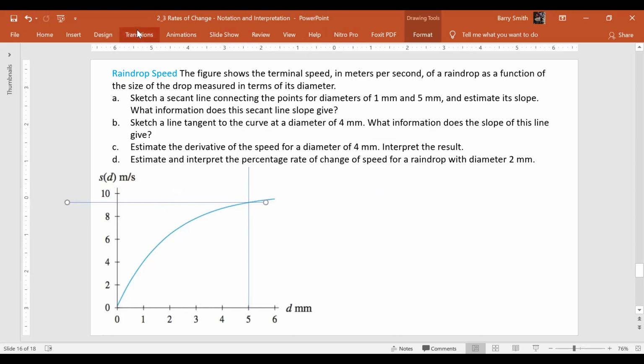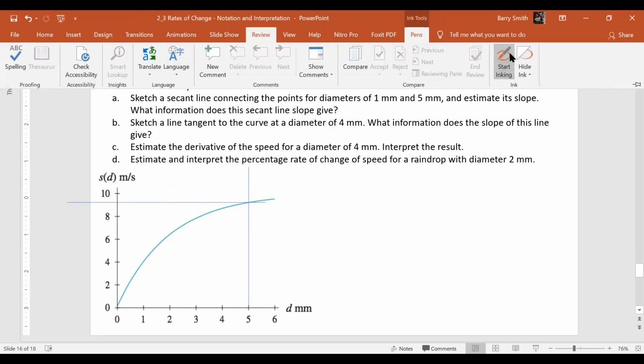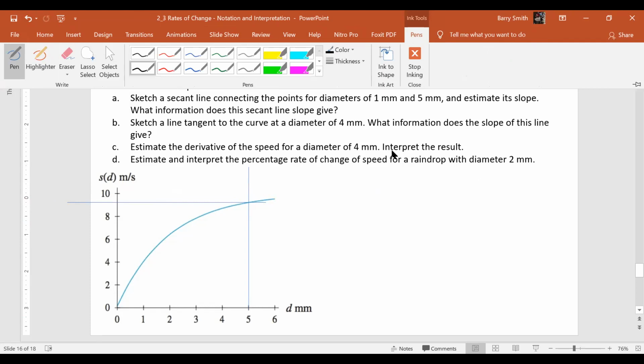Now I need my pen also. Where's that? Let's start marking. If I want to have a pen, give me the ink. There we go.